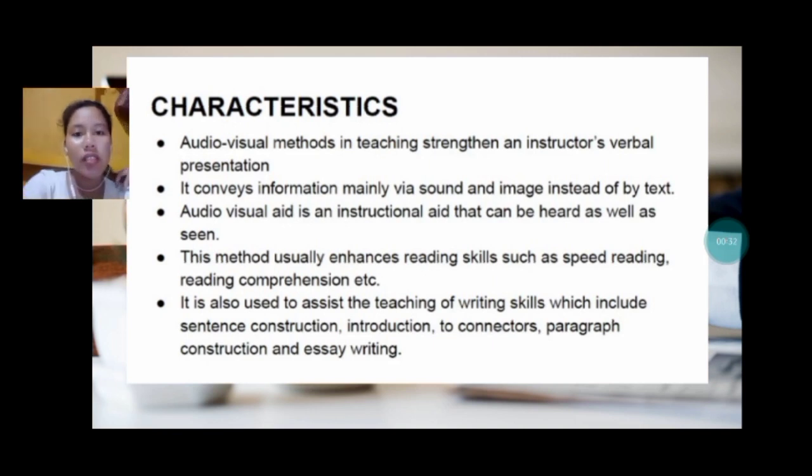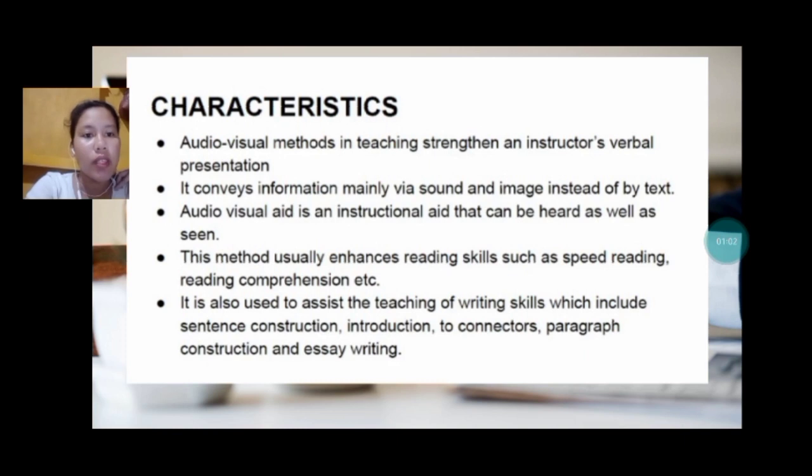The characteristics of this method in teaching: it strengthens an instructor's verbal presentation. It conveys information mainly via sound and image instead of by text. Audiovisual aids are instructional aids that can be heard as well as seen.